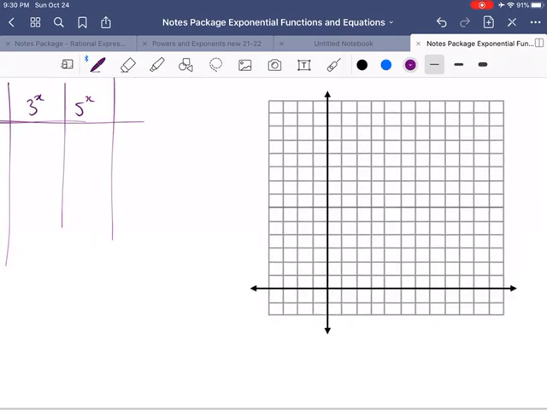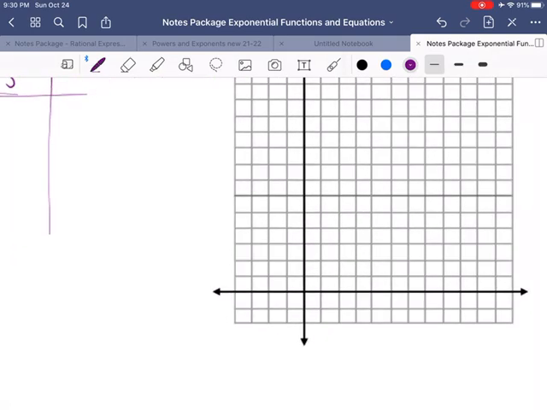And what you'll see is that for 3 to the x, you're going to have a point at 2, 9.